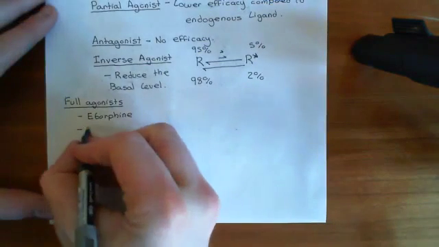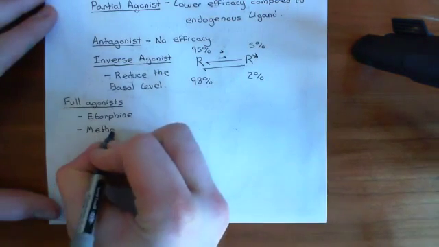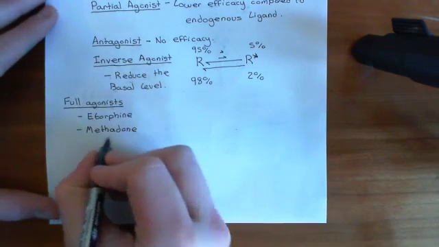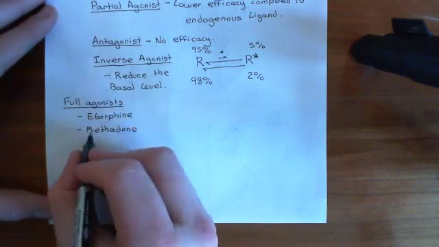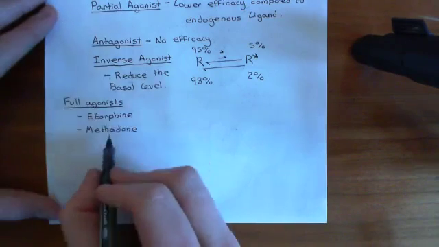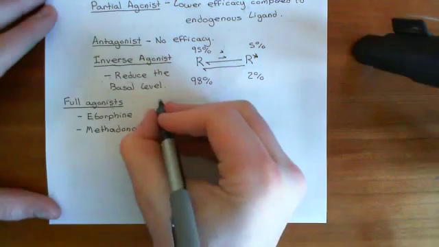Then we also have methadone, which is another example of a full agonist. Now, methadone has a number of other interactions which are responsible for its numerous side effects. But they are both full agonists at the mu-opioid receptor, so their efficacy at the mu-opioid receptor is the same as the endogenous agonists.